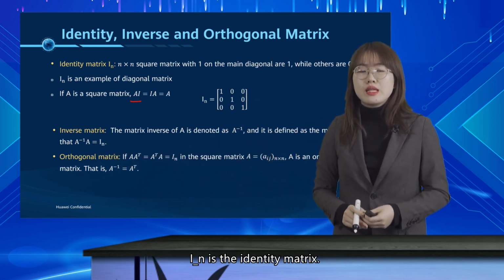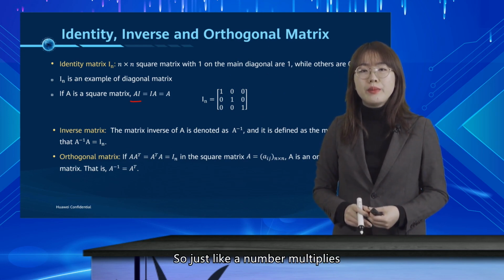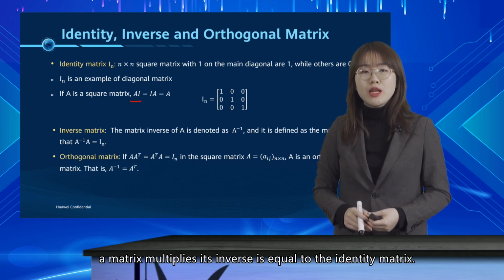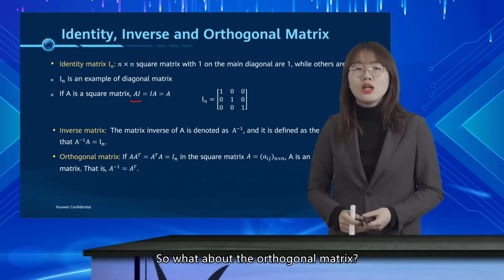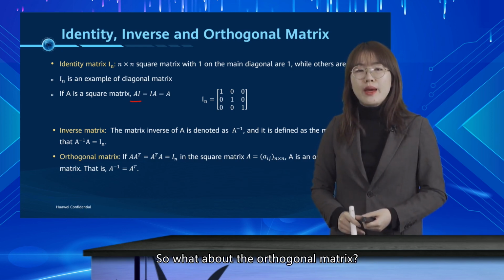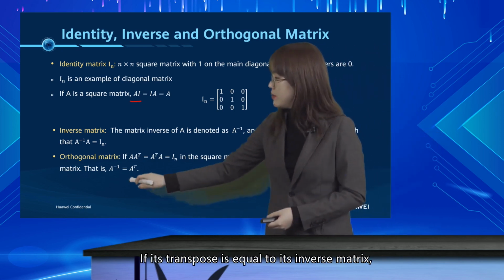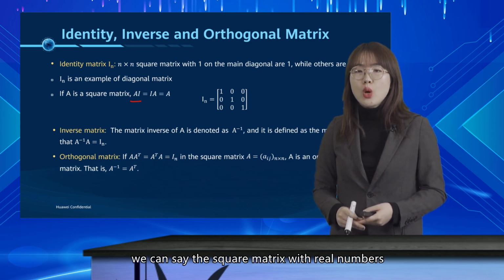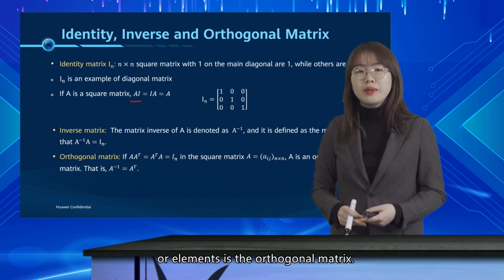In is the identity matrix. So just like a number multiplied by its inverse is always equal to 1, a matrix multiplied by its inverse is equal to the identity matrix. So what about the orthogonal matrix? If its transpose is equal to its inverse matrix, we can say the square matrix with real numbers or elements is the orthogonal matrix.